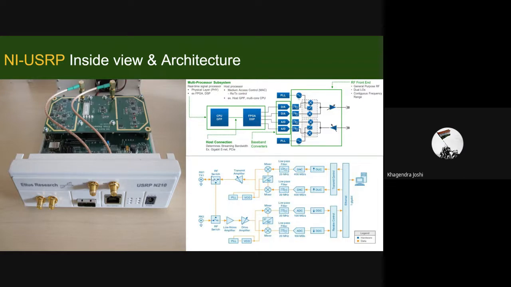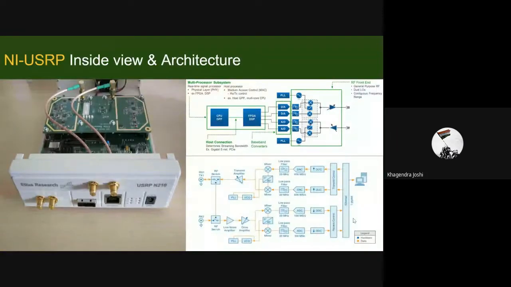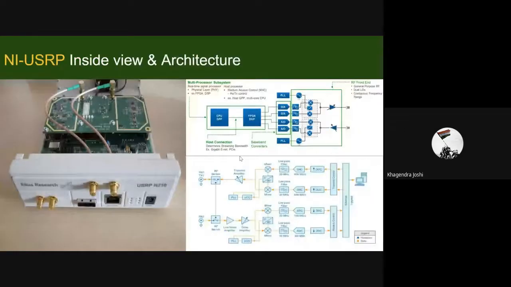The moment we connect it to RX1, this switch is connected to RX2, and the signal will come from here, pass through the noise amplifier, follow this particular process, and at the end, after the DDC down conversion, we get the baseband signal. This is a high frequency signal, because every time we transmit a signal we have a power amplifier, the transmit amplifier. After this conversion, until this point we have a baseband signal.